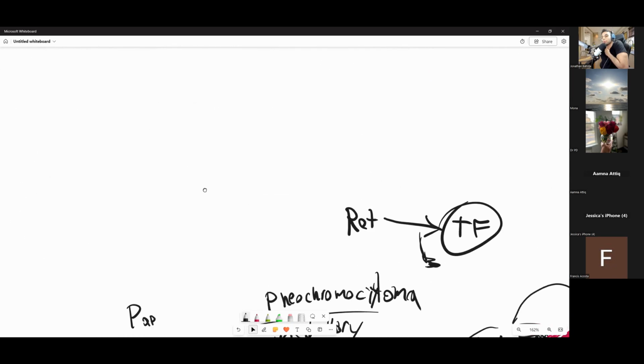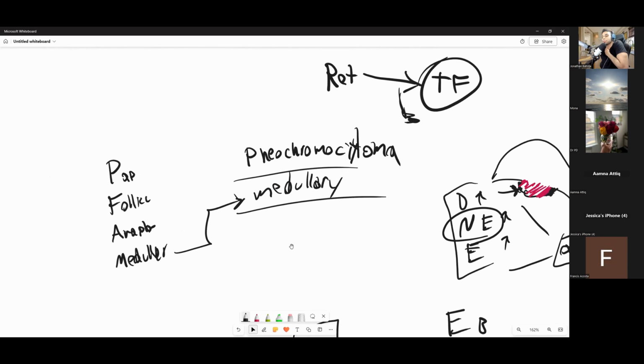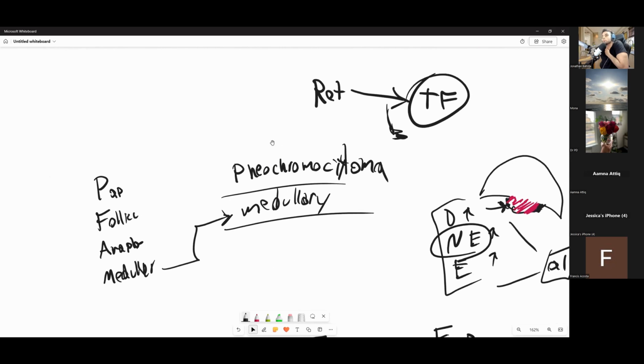Wow, this was a crazy rabbit hole we went into with pheochromocytoma. But okay, we continue. Phenoxybenzamine is the drug that we can give before a surgery in order to make sure that we can block the alpha receptors. There are also beta receptors that get blocked as well.